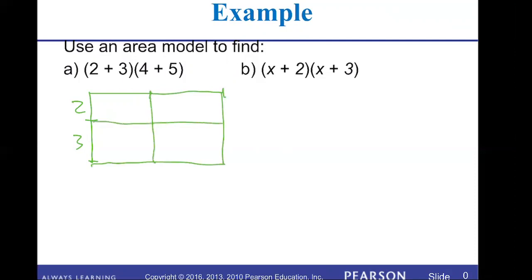And look at my sections now. This area is 2 times 4. This area is 2 times 5. So I did the distributive property that way over the addition. This is now 3 times 4 and 3 times 5. So I did it that way as well.